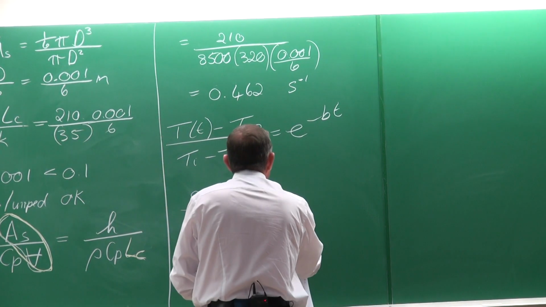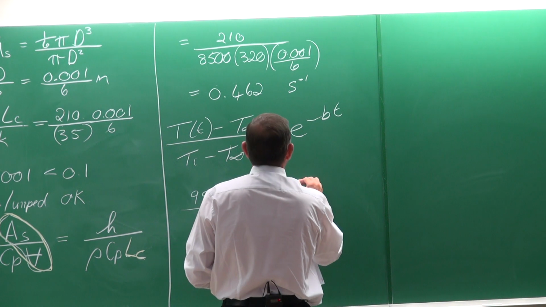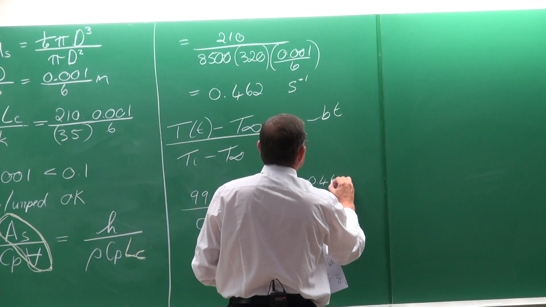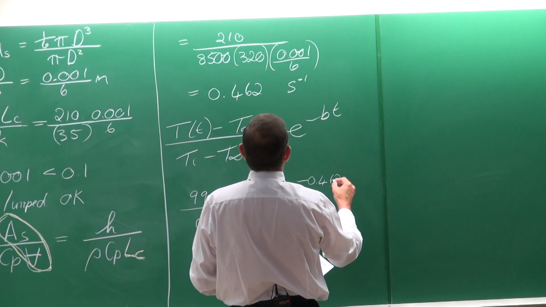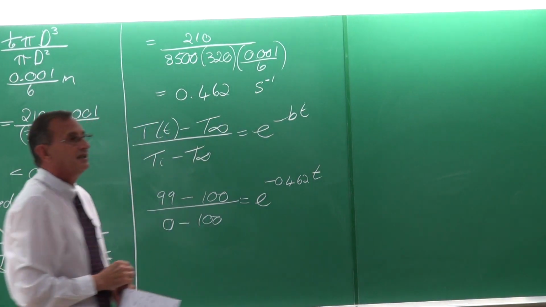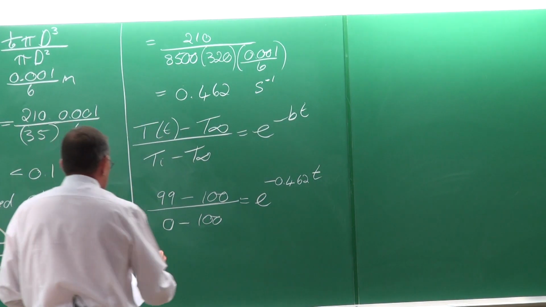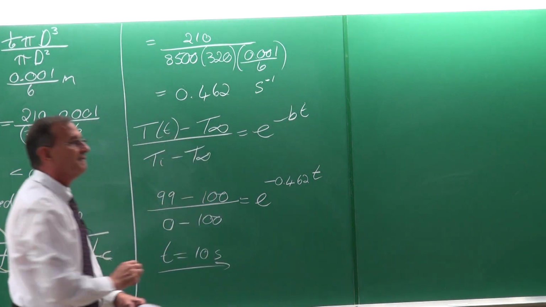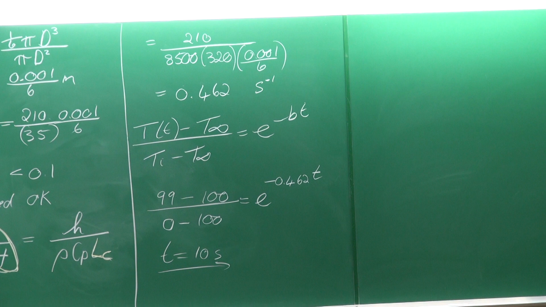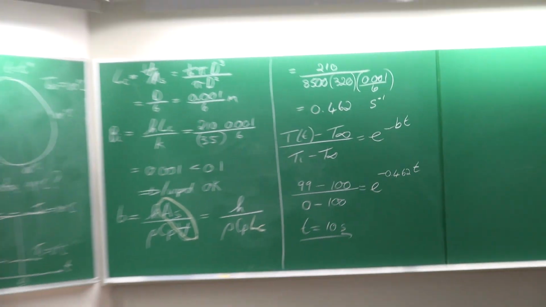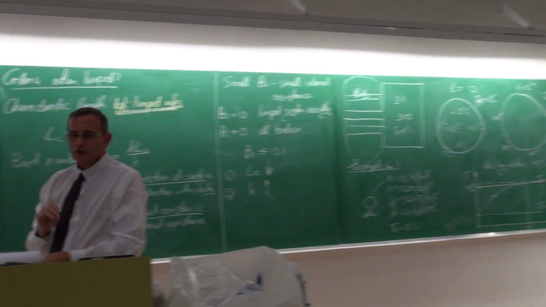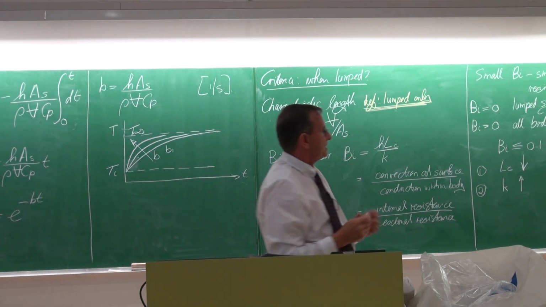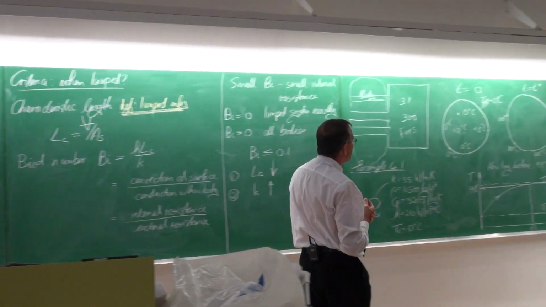It's equal to e to the minus 0.462 multiplied by t. t is the only unknown, and if we solve for t, then it is 10 seconds. Very, very quickly, the temperature will increase to about 99% of where it should be.